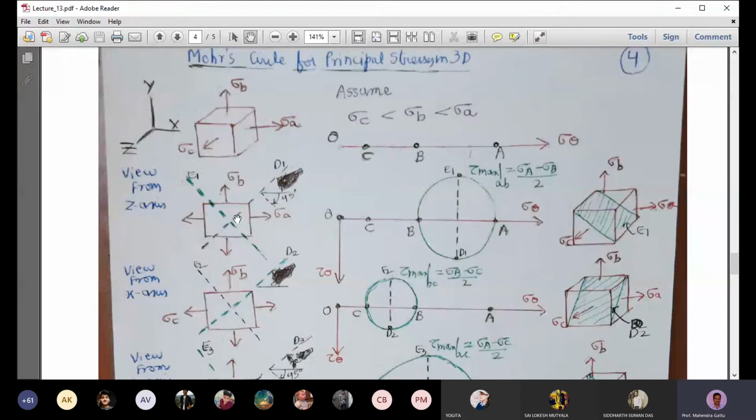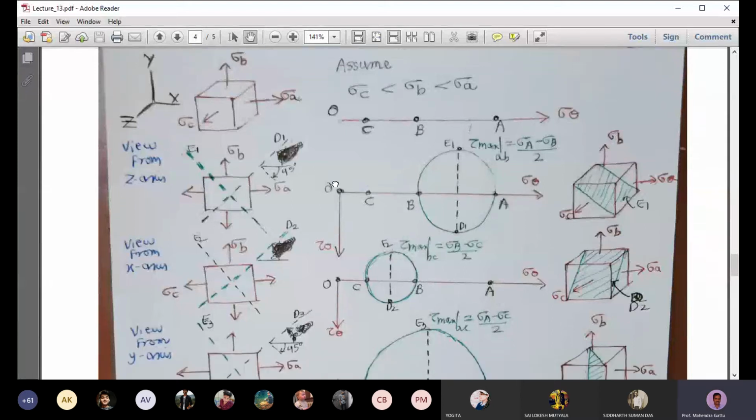So these stresses will change with this rotation, and those planes will have some stresses sigma theta and tau theta. To get those stresses, we can use the Mohr circle.